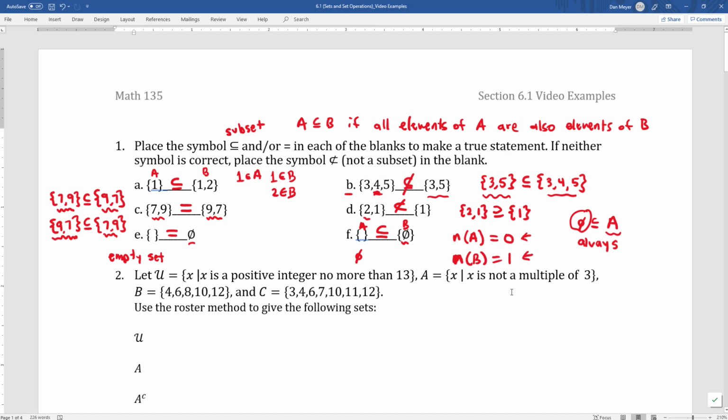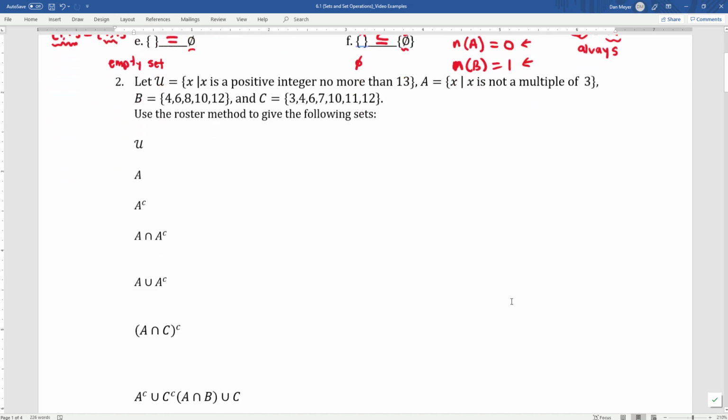All right, moving on to example 2. We have a universal set given. The universal set is the set of X such that, is how we read this bar, X is a positive integer no more than 13. So we're using set builder notation to describe our universal set.